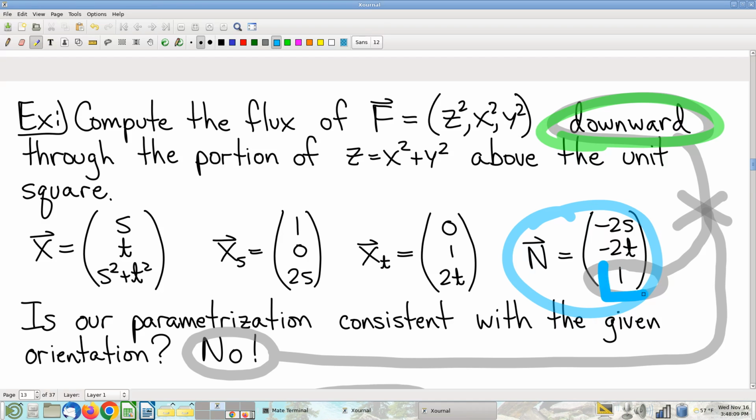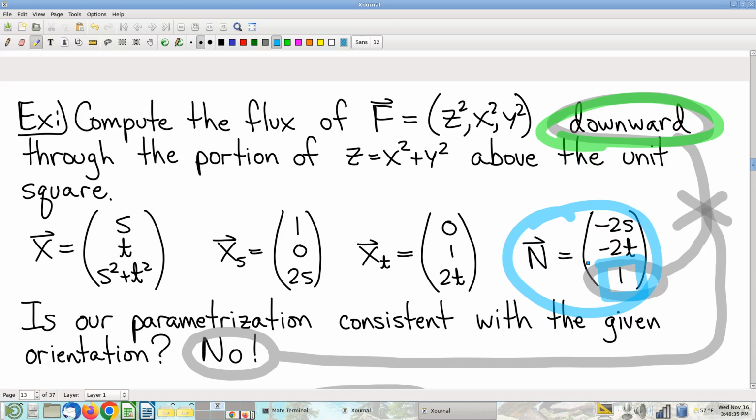If you notice this third component being positive, that means this capital N vector is kind of like this. It's not exactly straight up, of course, because the surface isn't flat, as would be required for the normal to always be exactly straight up. So we have a curved surface that's oriented somewhat upward, but in no sense downward.